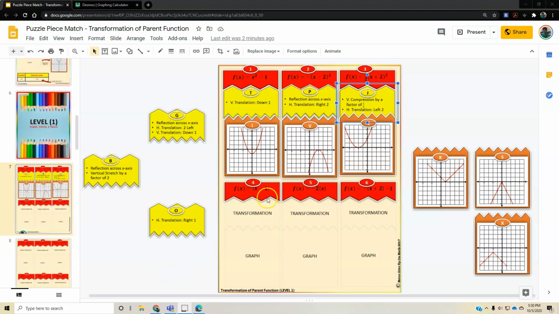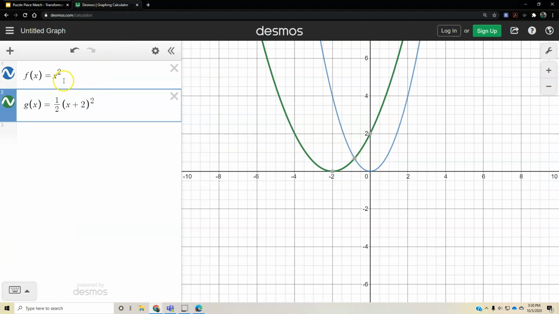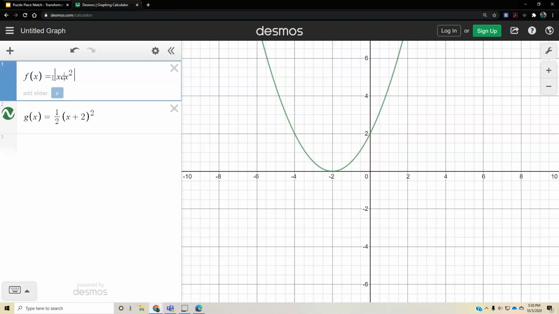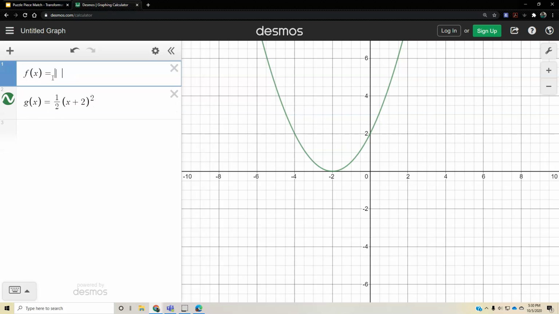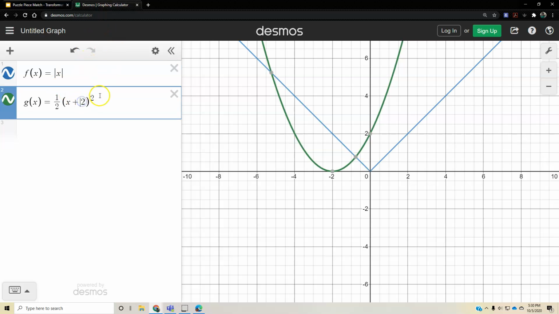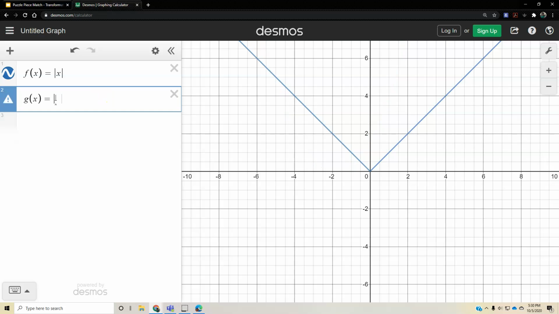So now what we're going to do is we're going to do number 4, the absolute value of x minus 1. So we're going to go to Desmos. So our parent function is the absolute value of x. And now we're going to go ahead and graph the new function, absolute value of x minus 1.